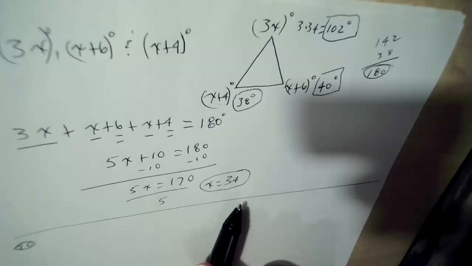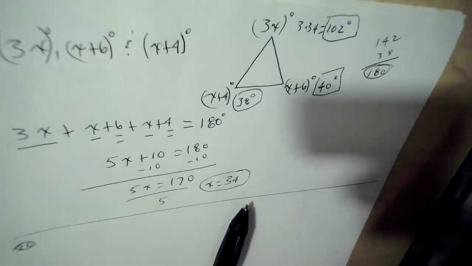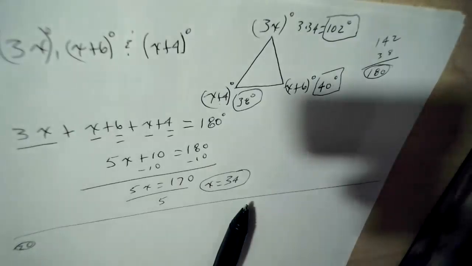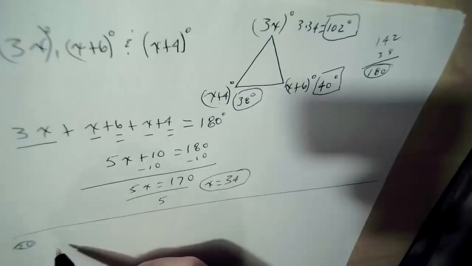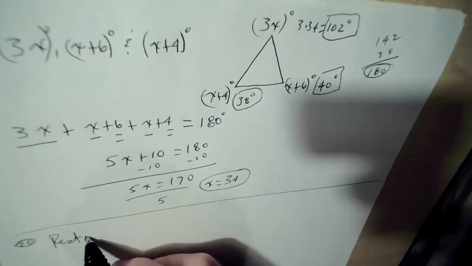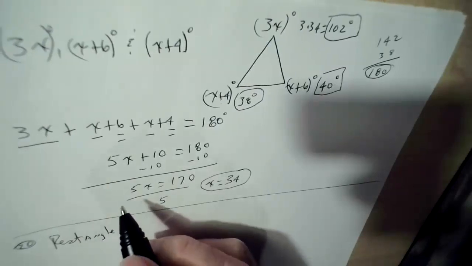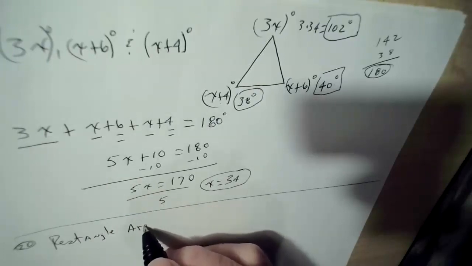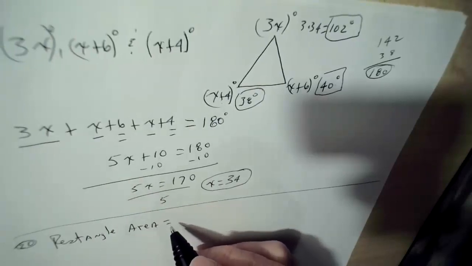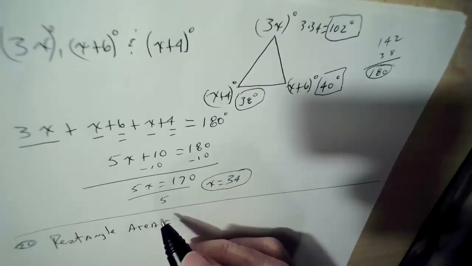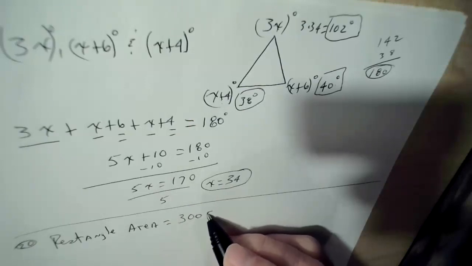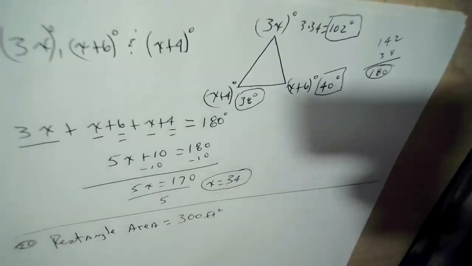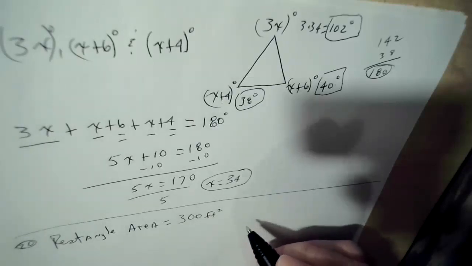Number 20. Okay. You have a rectangle whose area is 300 square feet.